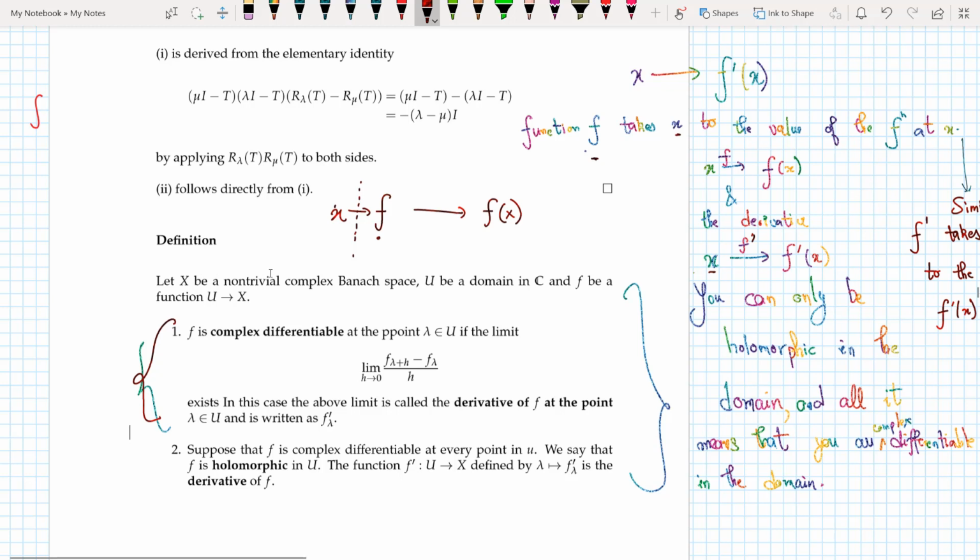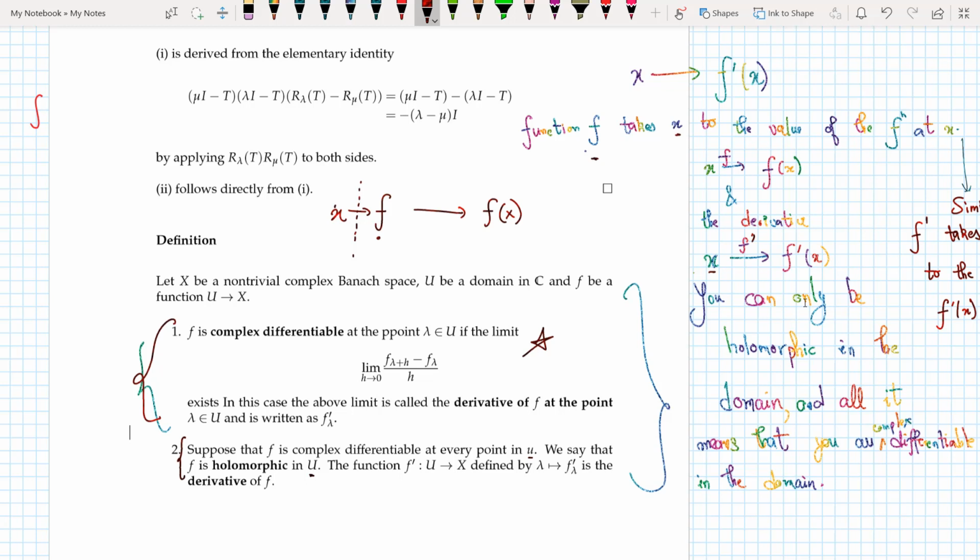So I have X as my non-trivial complex Banach space, and U a domain in C, and f a function from U to X. I define the complex differentiable function f as follows: suppose that f is complex differentiable at every point in U. We say that f is holomorphic in U. So if it is complex differentiable at every point in U, then it is holomorphic in U.